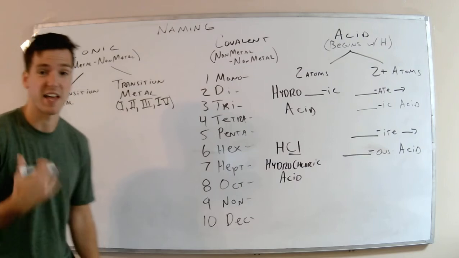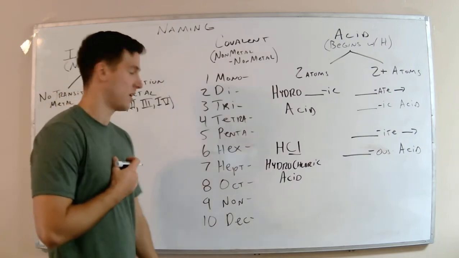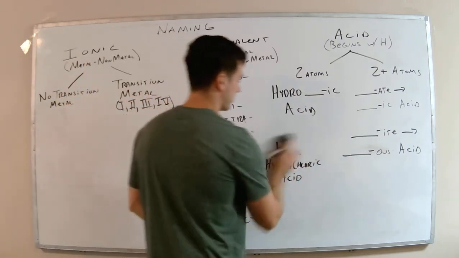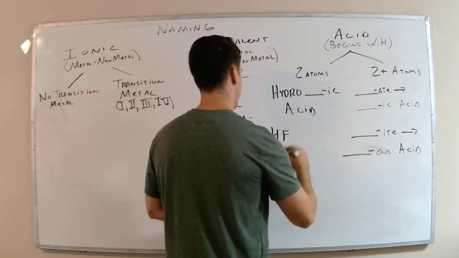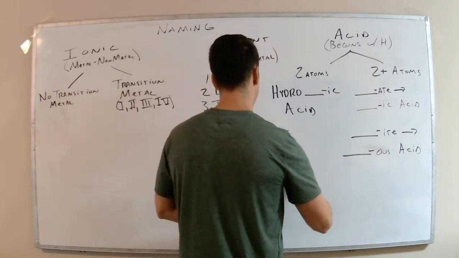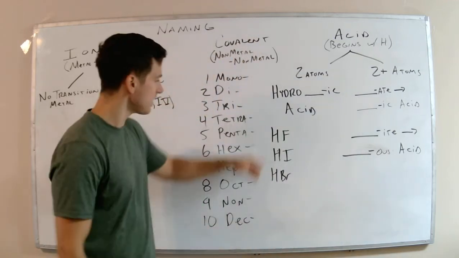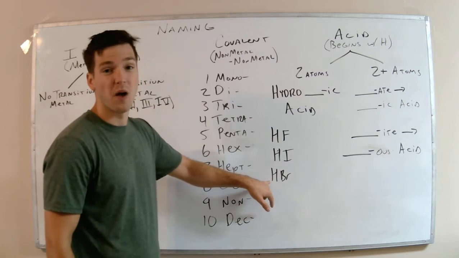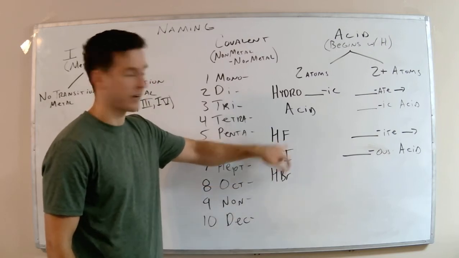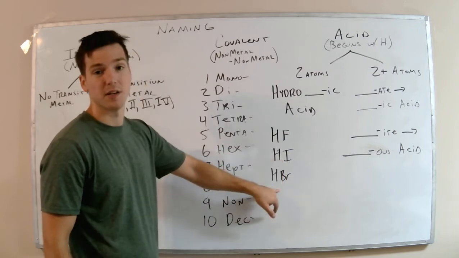There's only a set amount of these with two atoms. You have things like HF, HI, and HBr: hydrofluoric acid, hydroiodic acid, hydrobromic acid. Fluorine, fluoric; iodine, iodic; bromine, bromic.